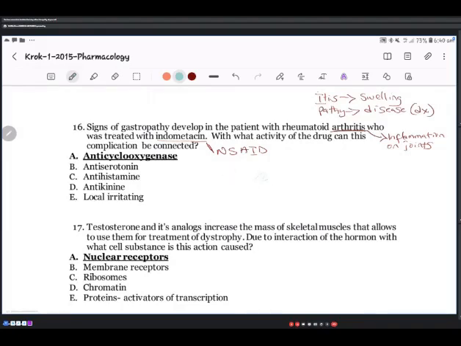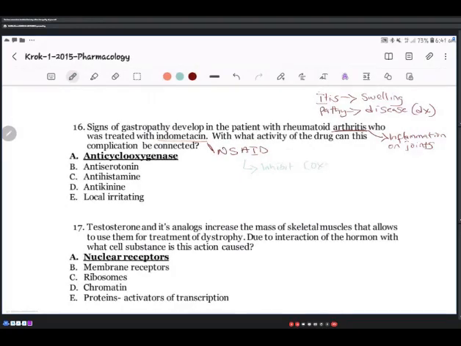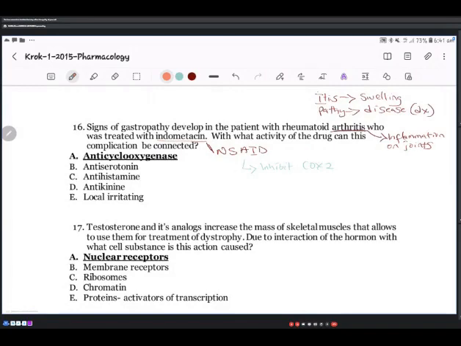Now, COX-2, how do I put it in a part? Let me use this straightforward grammar here. They inhibit COX-2. And what does COX-2 do?